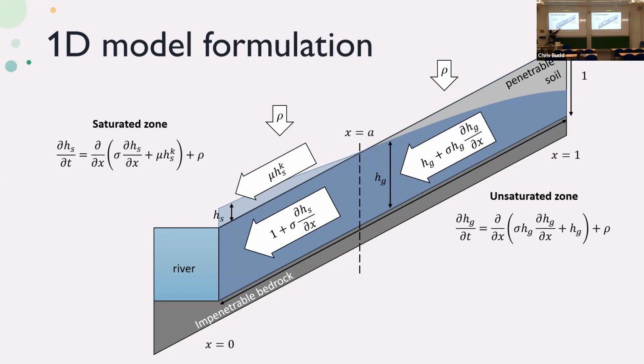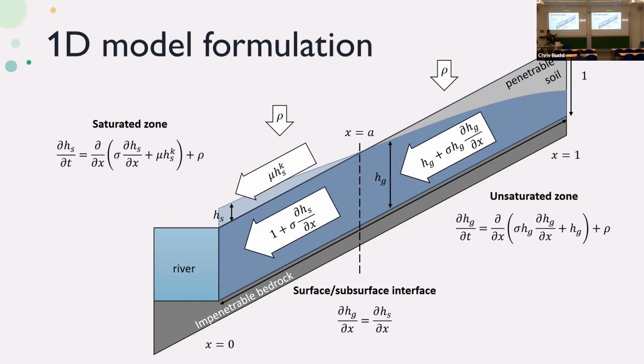Additionally, here we have an interface located at point A, in which to have continuity of the flow, the same flow reaching this point from the right as the flow going to the left, this condition results in the continuity of hg and hs at this point.